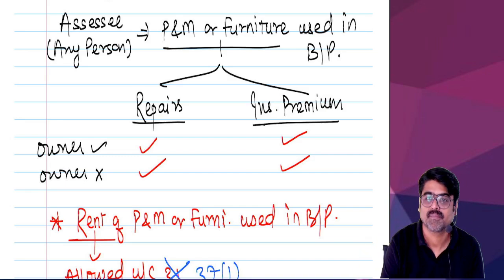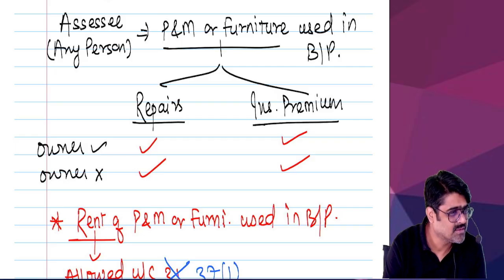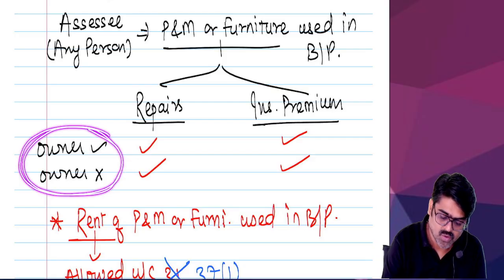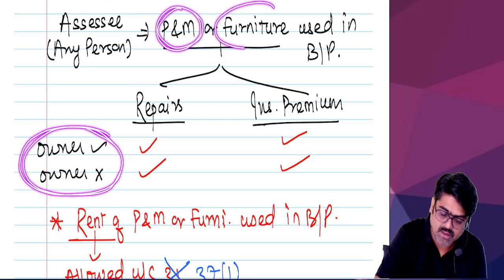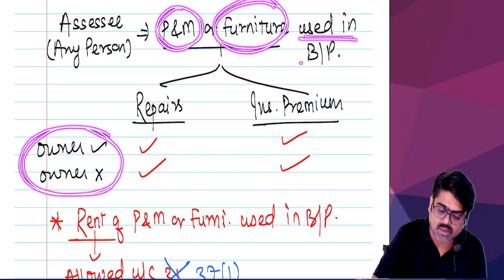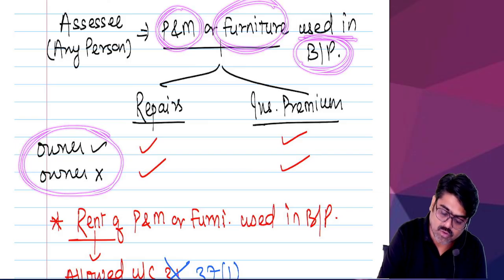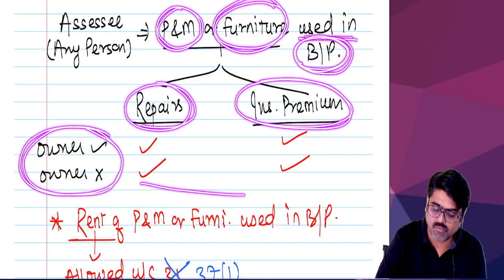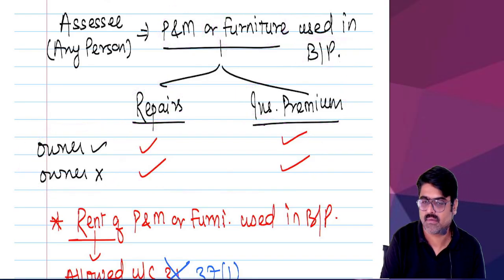Yes or no? Will you remember this? So tell me, are you the owner? You might not be the owner of this plant and machinery or furniture which is used in your business or profession. So any cost of repairs, any cost of insurance premium will be allowed as a deduction.